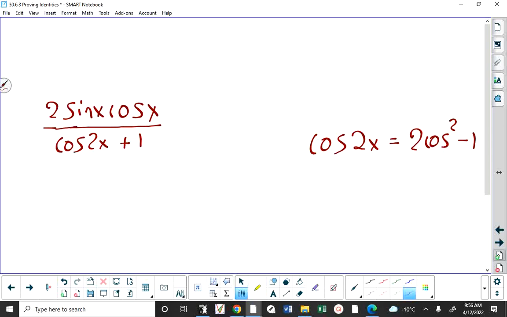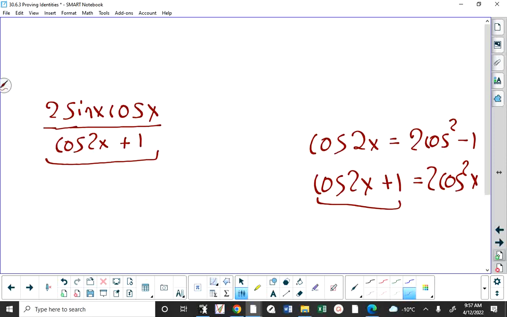And what Marcel was saying is, can I make this identity that I've written on the right match what's in the denominator? Right? So he adds 1 to both sides and gets cos of 2x plus 1 equals 2 cos squared x. So this is the entire denominator, and he's going to replace it with 2 cos squared x. And I'm going to say that's right.